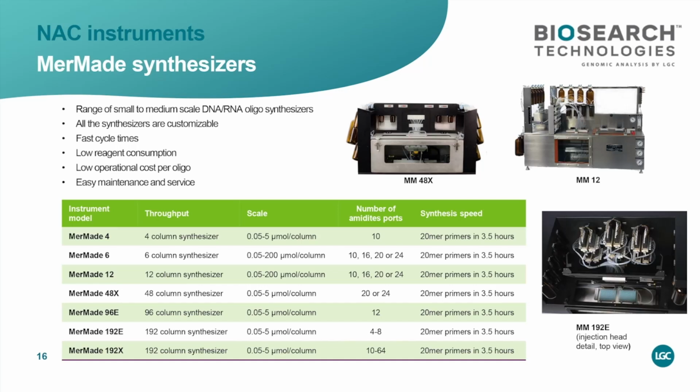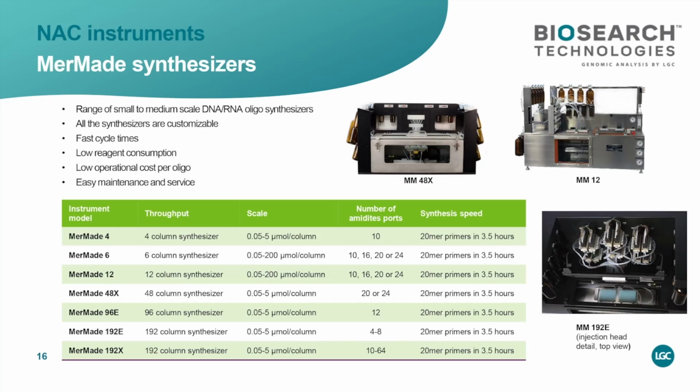The difference between the instruments is the number of amidites. The 96E has 1 plate and 12 amidite positions, while the 192E has anywhere from 4 to 8 amidite positions, but 2 plates of 96. Those 2 instruments are good for primer synthesis, or if you have something like an MDX to do a fluorophore and the ACGT.